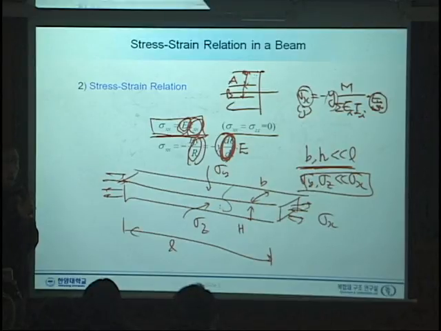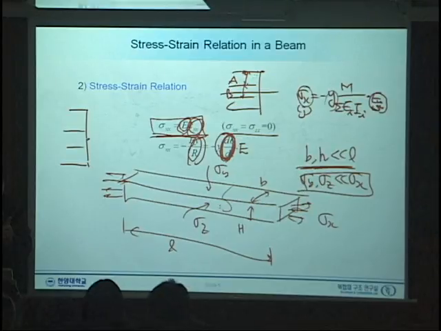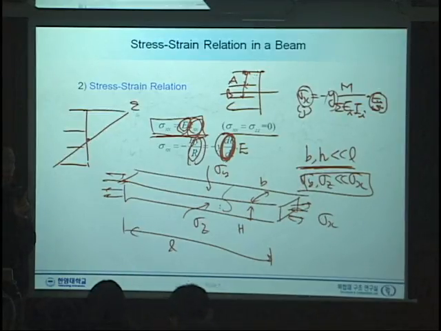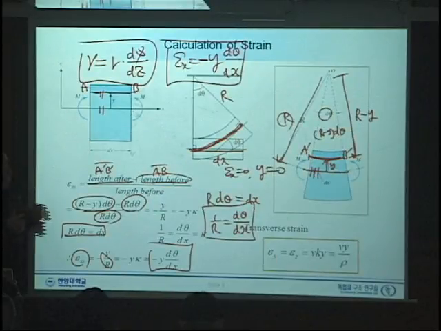I'm sure you have a similar homework, right? And if you plot them, the strain distribution will be simply like that. This is a strain distribution. Strain is always linear, regardless of different material layers. Why?